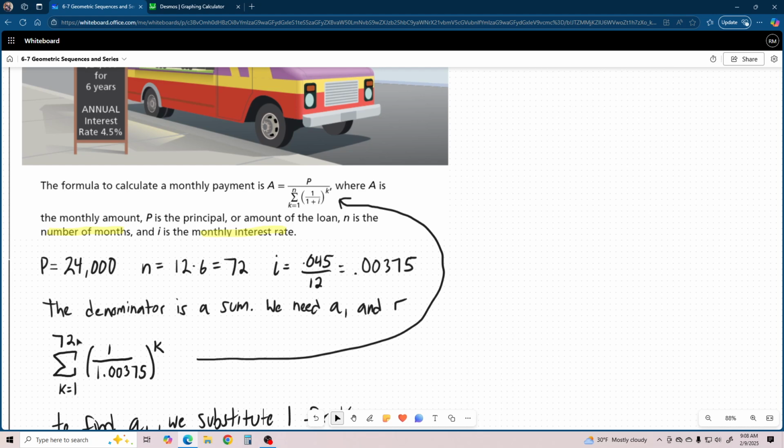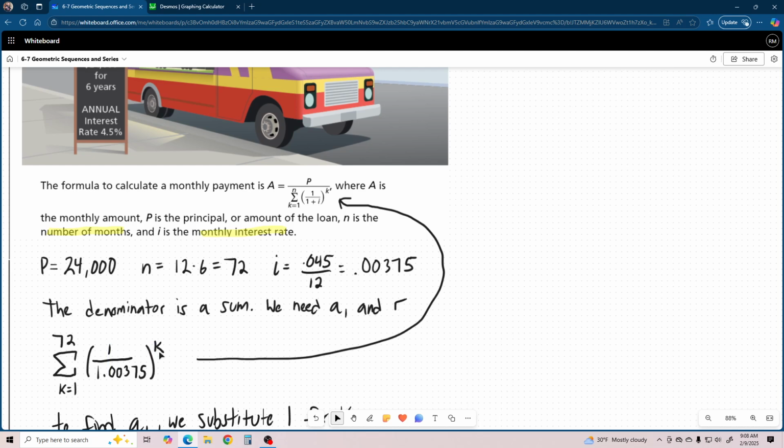We know n, our highest term up here, is 72. We already figured that out, right? 1 plus 1 over I. Well, we know I is 0.00375, to the k, where k is going to be the term. So in other words, we're starting at 1, we're going to go 1, 2, 3, 4, all the way up to 72, right? This would be a pain in the neck to do in any way other than the way we're about to do it.